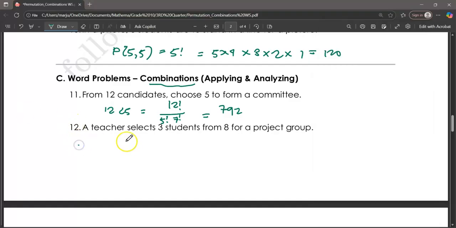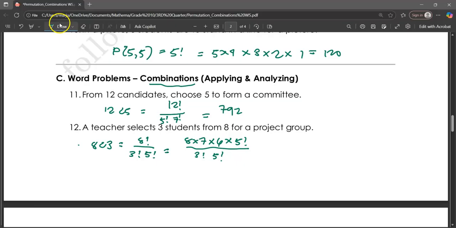Number 12, a teacher selects 3 students from 8 for a project. So again, this is 8, choose 3. This is 8 factorial over 3 factorial, 5 factorial, or this is 8 times 7 times 6 times 5 factorial over 3 factorial, 5 factorial, and again, this will be cancelled.